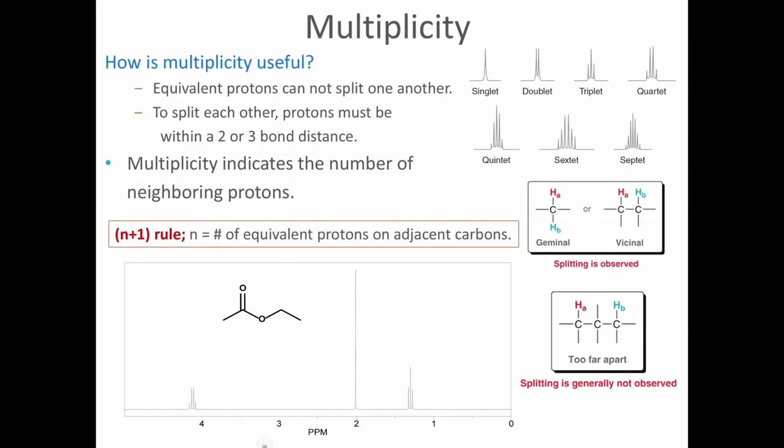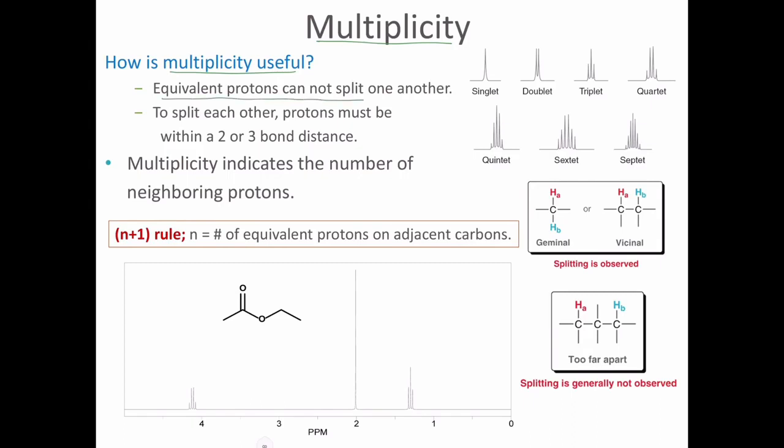The next thing we look at is the multiplicity. So the integration tells us how many protons are in each signal, okay? The multiplicity tells us how many protons are neighboring the actual proton we are talking about. When you talk of multiplicity, we mean the splitting.